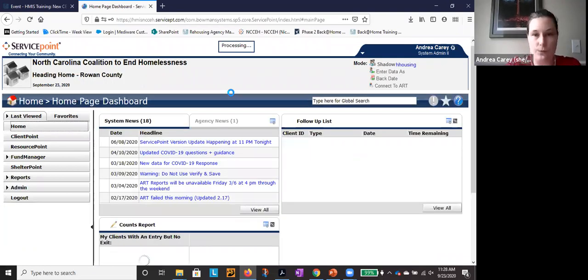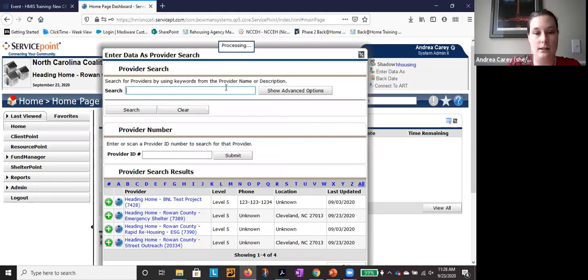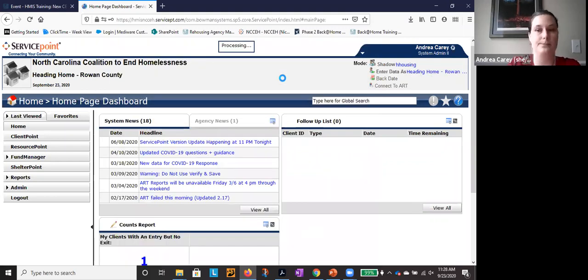And for our demonstration of coordinated entry assessment and entry, or event, sorry, I'm going to enter data as a street outreach project because that has both of those. They are an access point, right? And I'm going to enter that for today's date. All right, so I'm not going into backdate mode, but I am in enter data as mode.